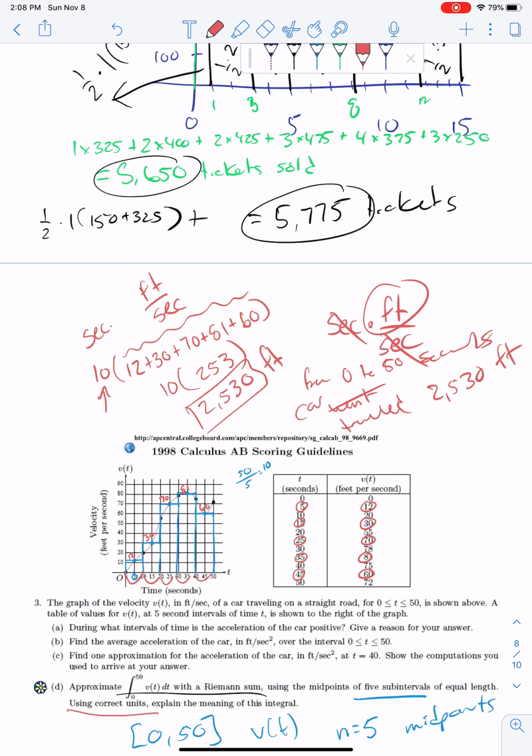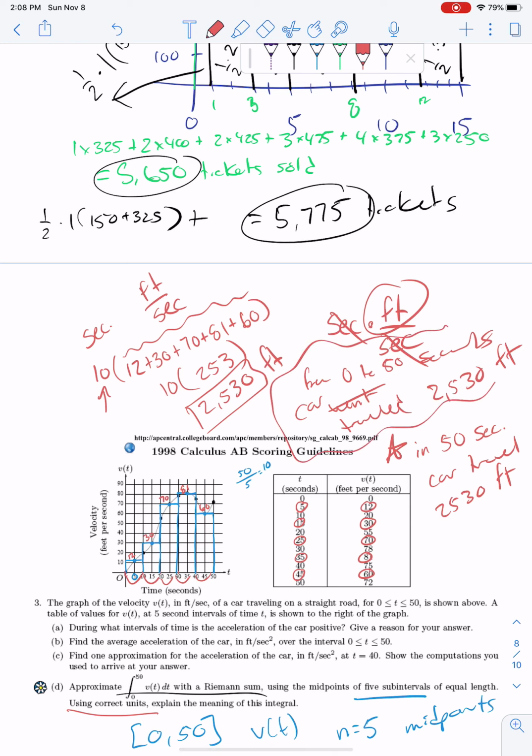I would probably word it, in 50 seconds, the car traveled 2,530 feet. Either one of those work. This one, make sure to include the actual interval, that from 0 to 50 seconds, that's how far it went. I think they're both going to get you the right answer.